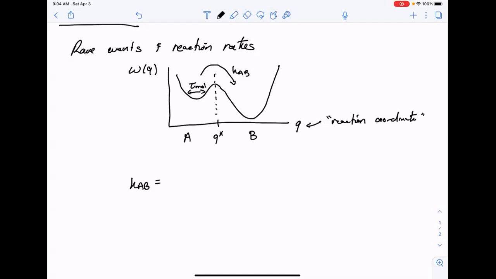In this case, the rate is equal to a specific sort of conditioning, the condition that I start in A as dictated by some indicator function HA, which is equal to 1 if Q is in A and 0 else.